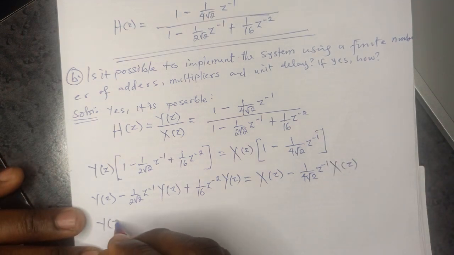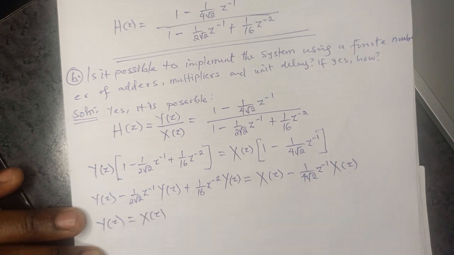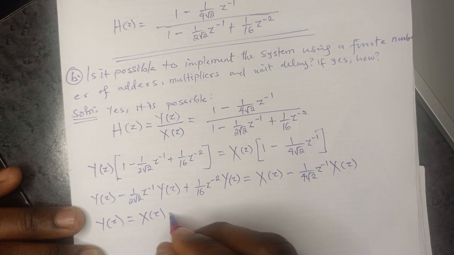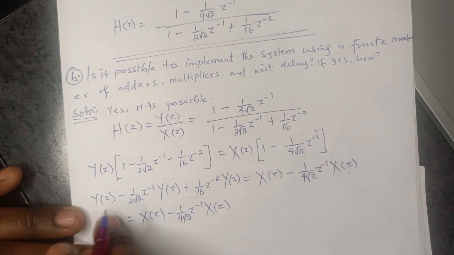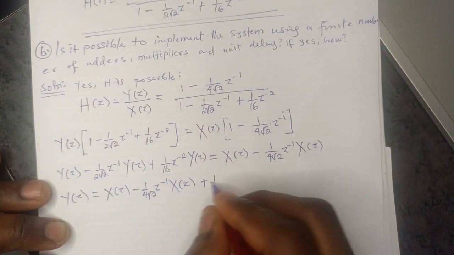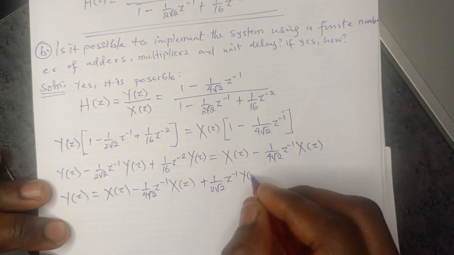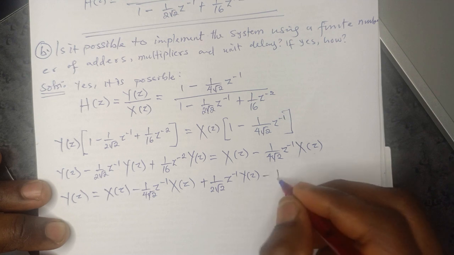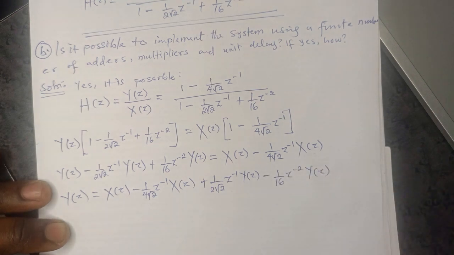So make Y of z the subject of the formula. So this is going to be X of z minus 1 all over 4 root 2 z raised to the power minus 1 X of z. Now you bring the others to this side of the equation. That will be plus 1 all over 2 root 2 z raised to the power minus 1 Y of z minus 1 all over 16 z raised to the power minus 2 Y of z.